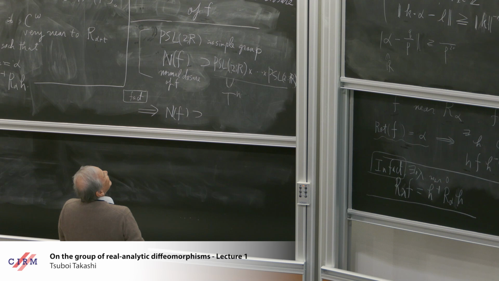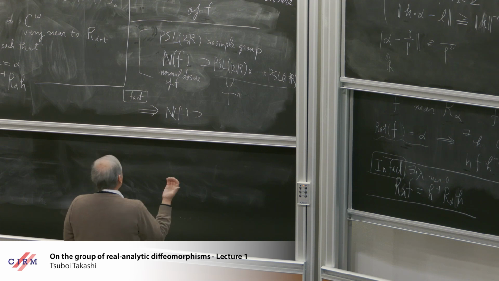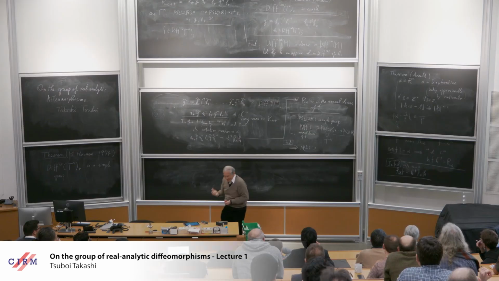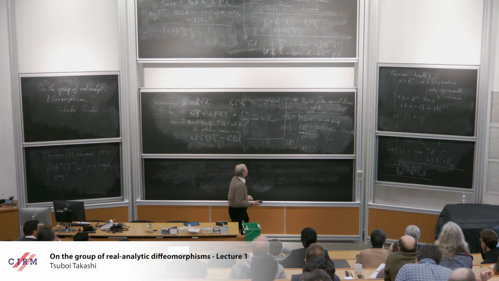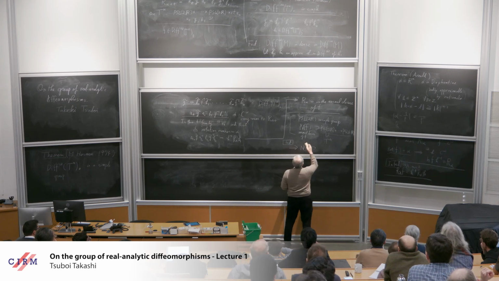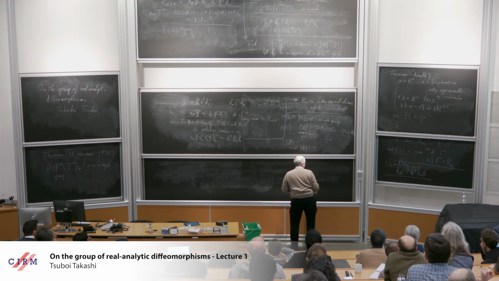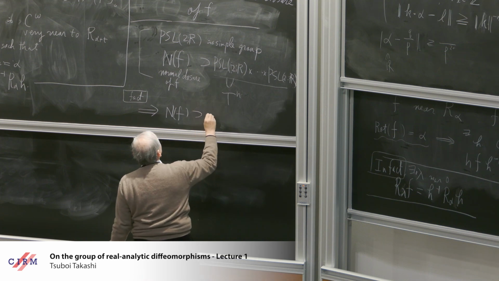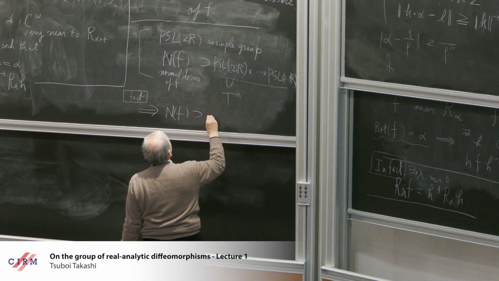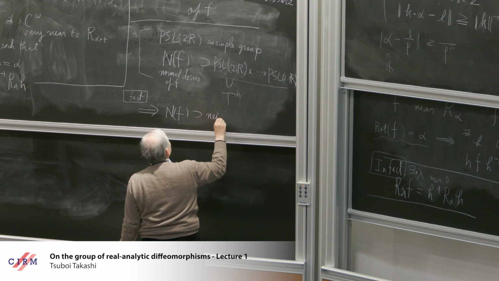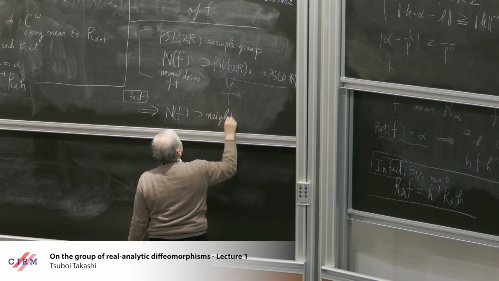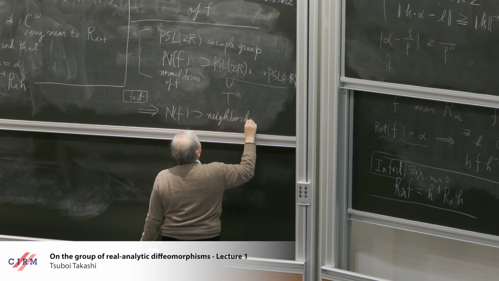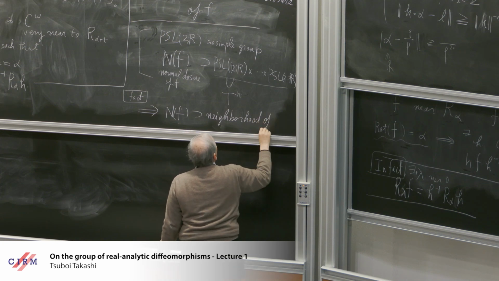I'm sorry. I used two F's. So this is the normal closure of F, and what I should write here is a small neighborhood of R alpha.